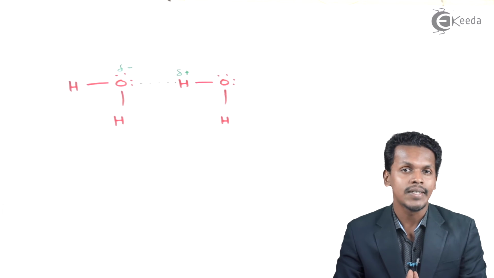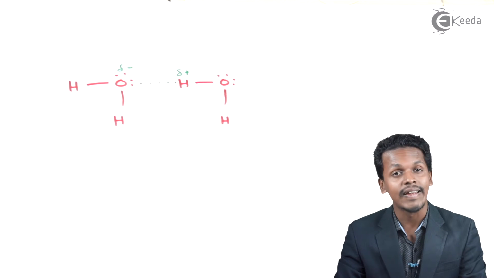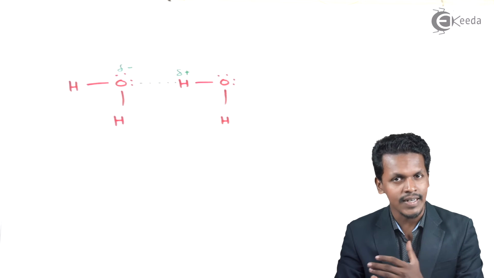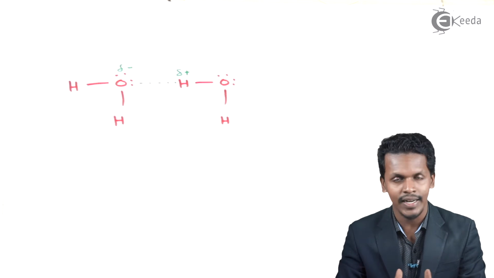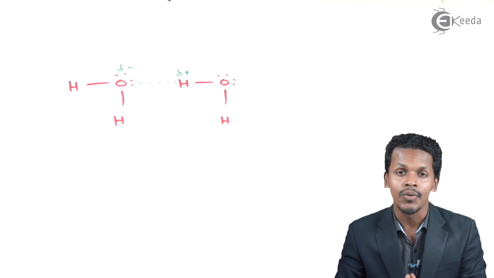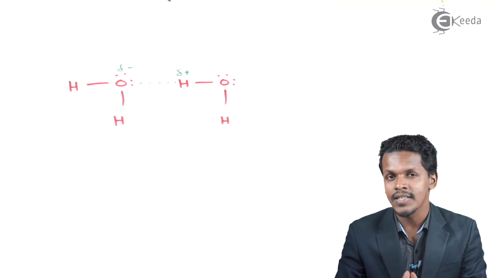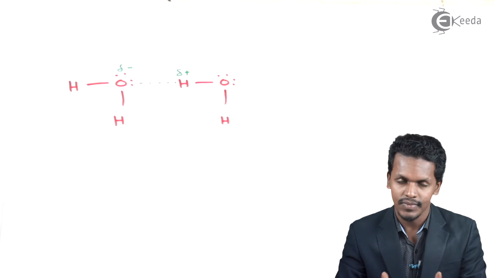Now talking about electrical conductivity and the dielectric constant: pure water does not conduct electricity, but the dielectric constant is found to be 78.39 coulomb square per Newton per meter square. This is very high, and that's the reason most ionic compounds easily dissolve in water.